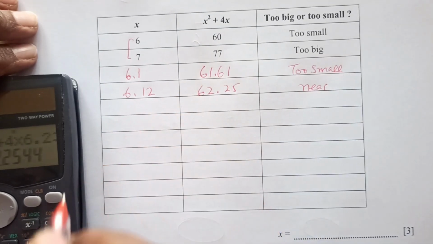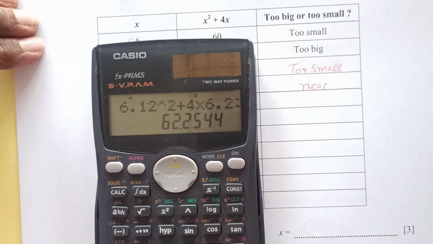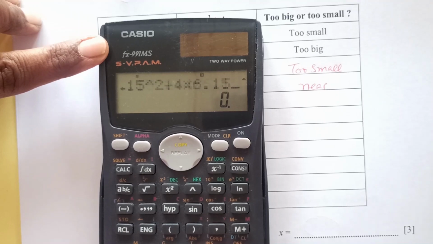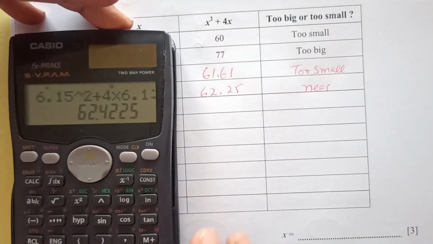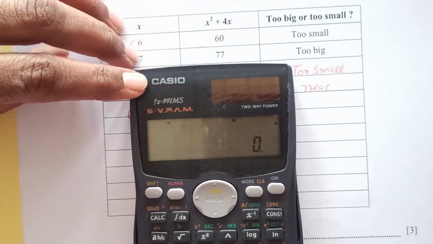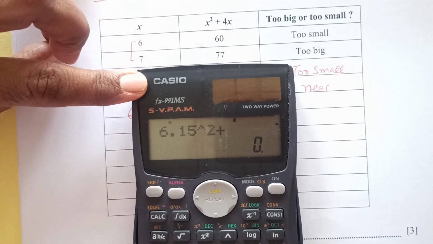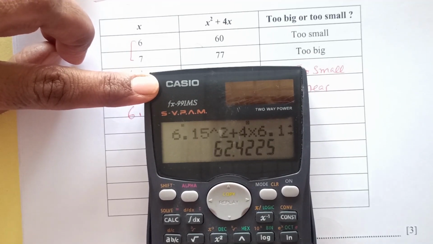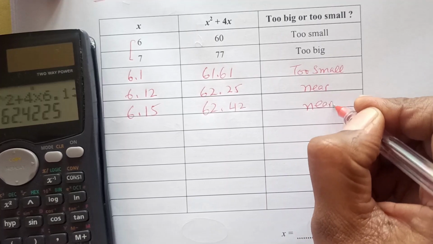Then we can take, let's say, 6.15. 6.15 squared plus 4 times 6.15, so it's 62.42. 62.42. This is again nearer.